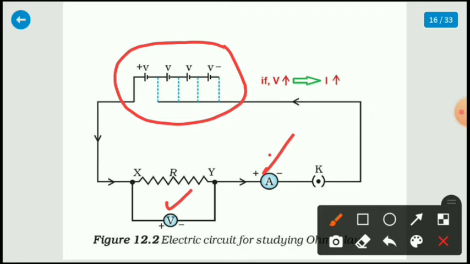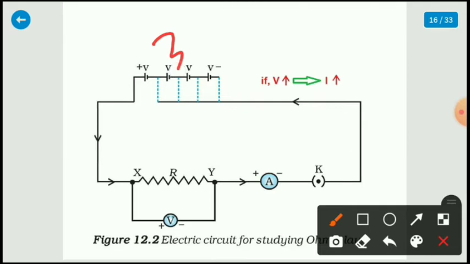These are the two meters to measure the voltage and the current simultaneously when we give different voltages to this circuit. We give 3 voltages by this variable battery, then we can measure the 3 voltages in this voltmeter, and simultaneously we have to measure the current.